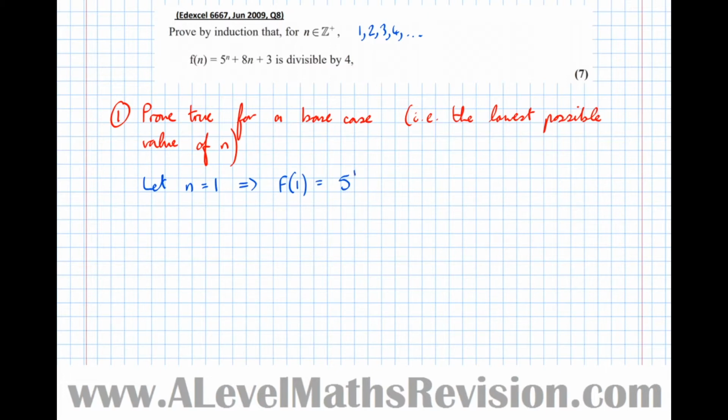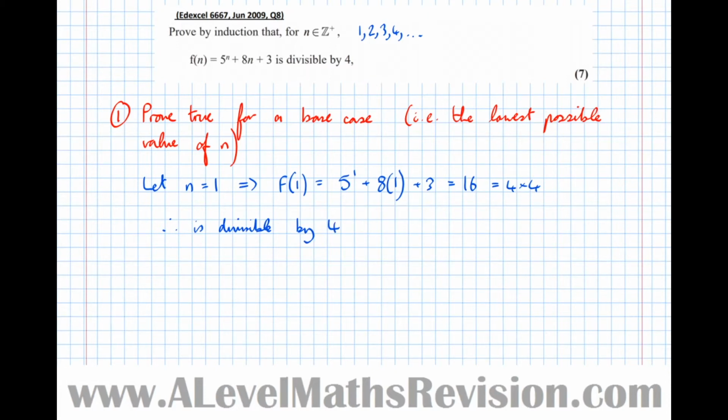equals 5 to the power of 1 plus 8 lots of 1 plus 3 equals 16, which clearly is divisible by 4 given what we know about maths. However, in proof questions we'll really spell that out. So equals 4 times 4, therefore is divisible by 4.